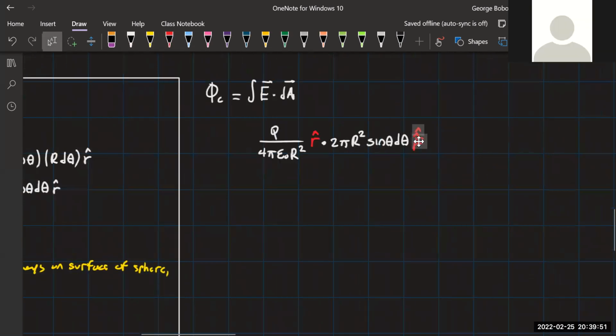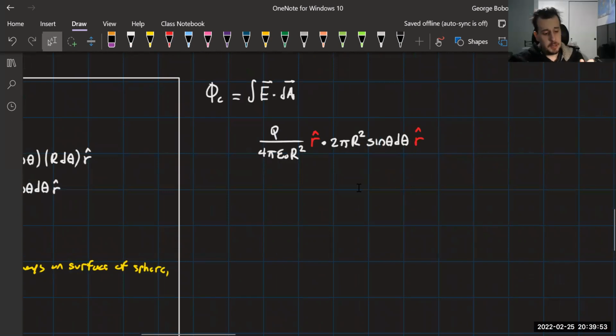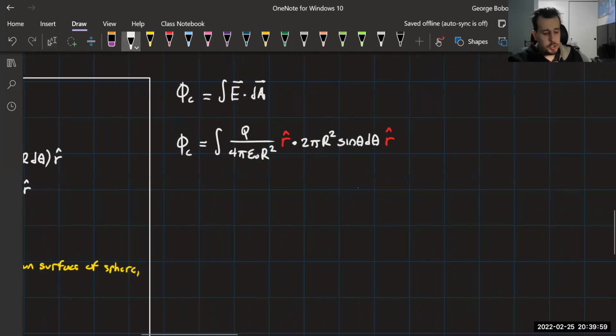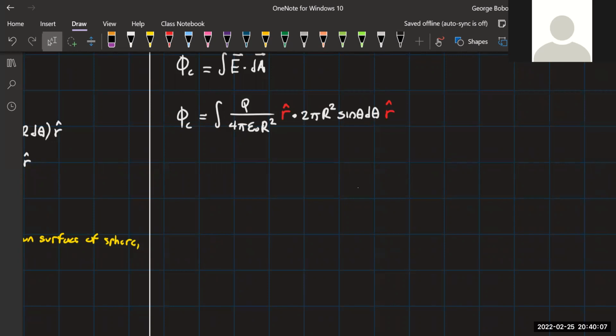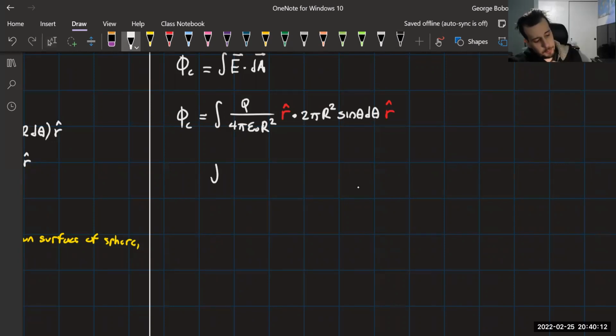Is the same direction. What happens again in the whole process here? This is going to get integrated, obviously, but when I have R dotted with R hat, what ends up happening to those two? Equals 1. Exactly.